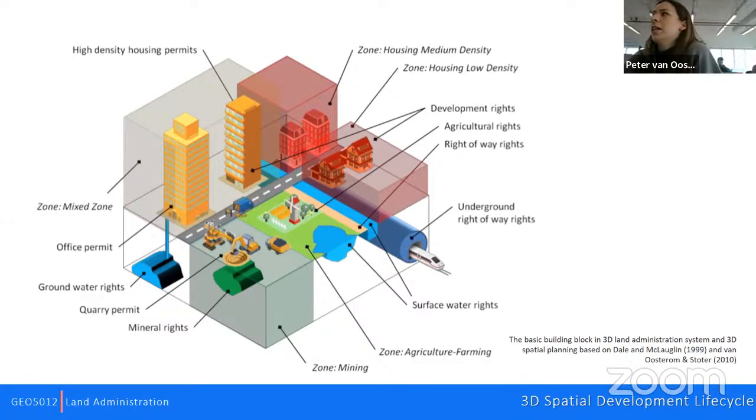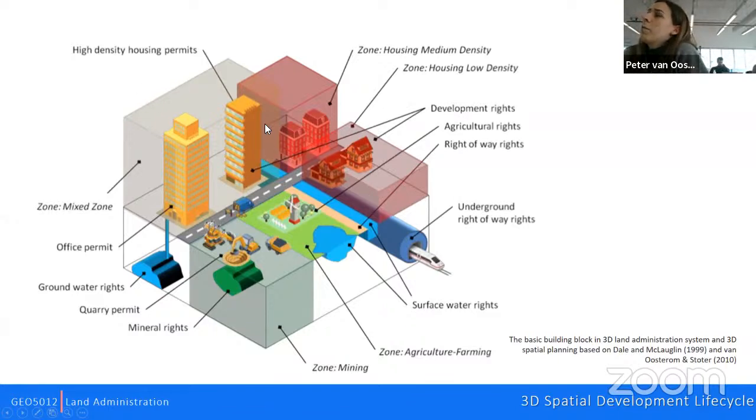So you can also see we have underground rights, we have water rights, we have infrastructure in tunnels like metros and trains. We do have some zones from the spatial planning domain, for example, in which areas you can build, which are the development rights.